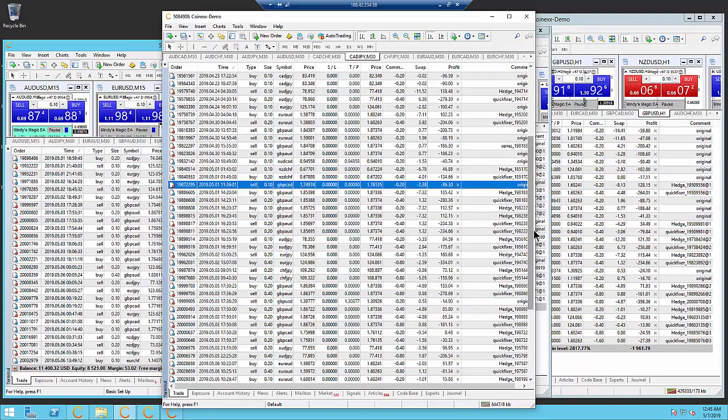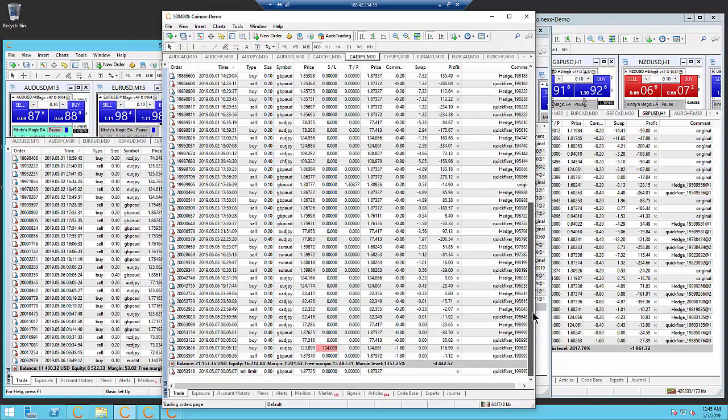So the way the EA works, it enters trades for you, it manages trades for you, and it closes the trades for you. So the whole thing about it is you can literally have your account be open for 3 or 4 months and watch it grow when you don't have to do anything.